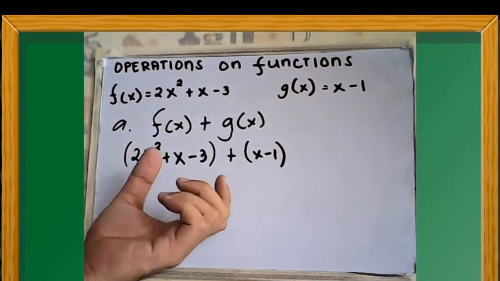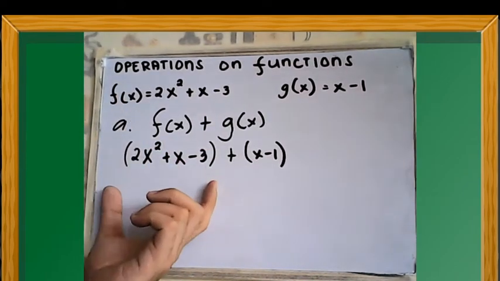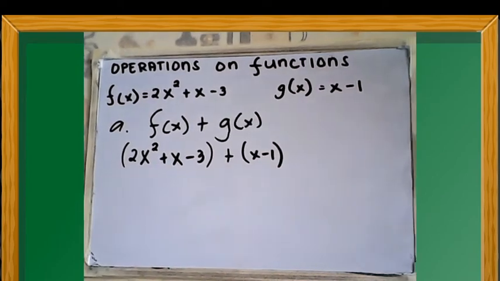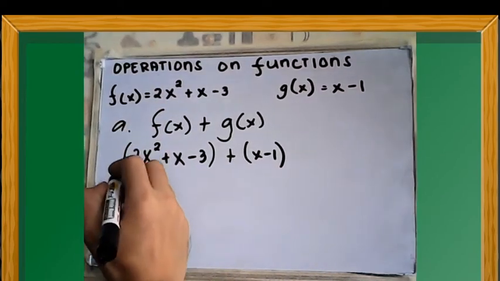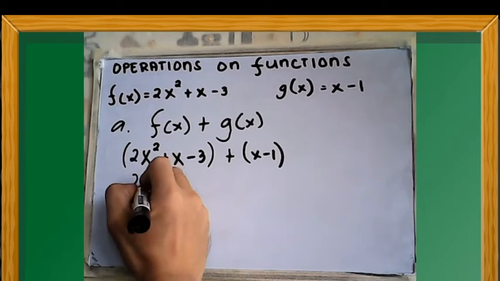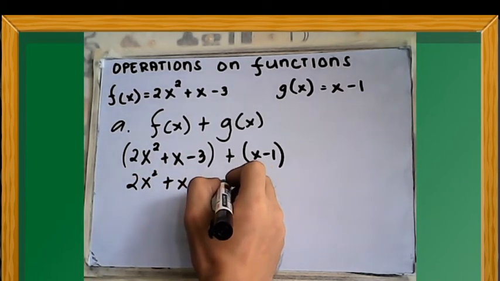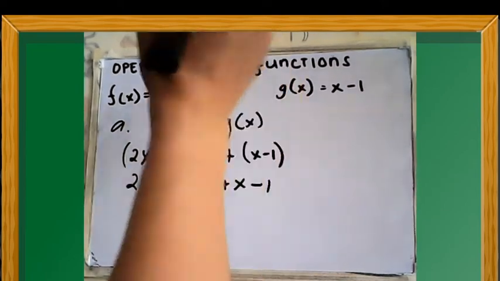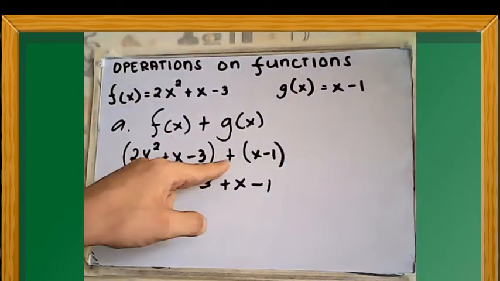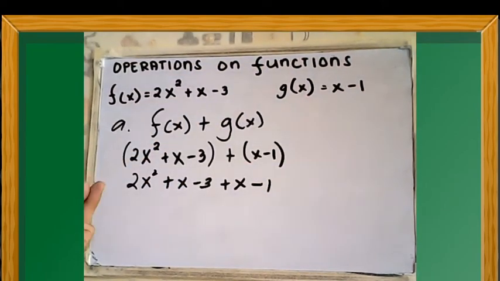So instead of g of x, we will write x minus 1. So since the operation is addition, we can remove the parentheses. So we can just write 2x squared plus x minus 3 plus x minus 1. So we remove the parentheses.